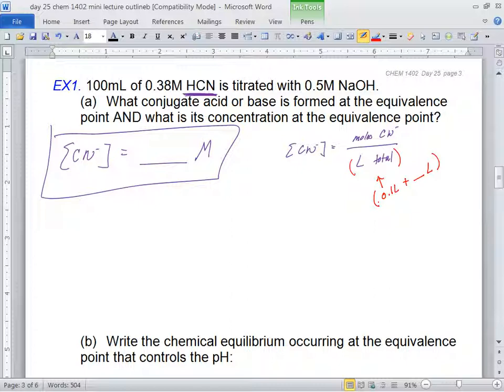We got to figure out the top, the moles of cyanide, and then we got to figure out the bottom part, the equivalence point. Which one do you want to work on? The bottom one? Okay, how are you going to do it? Where are you going to start? So you have to take the 0.5. Take the what?